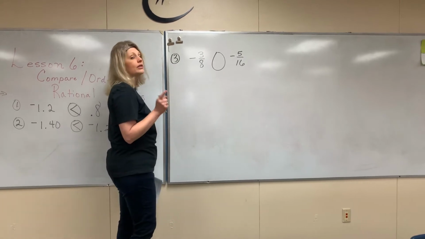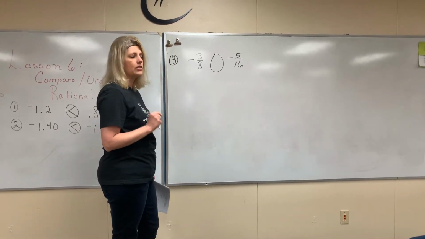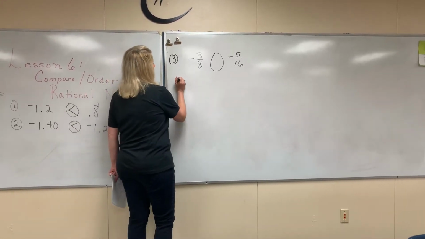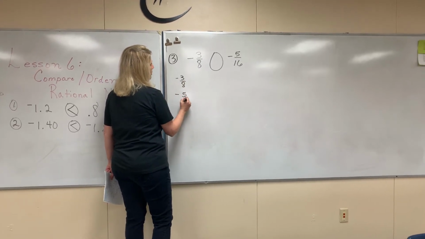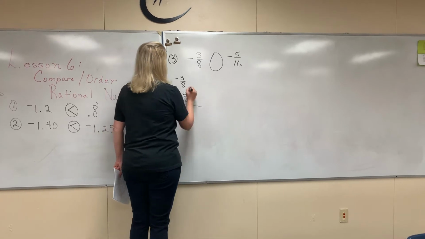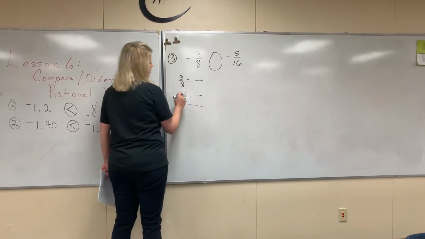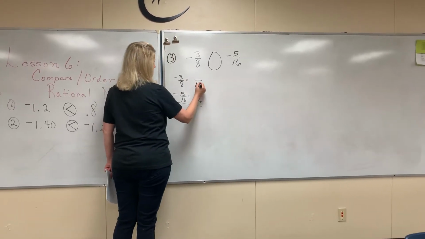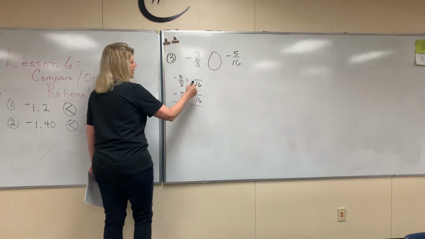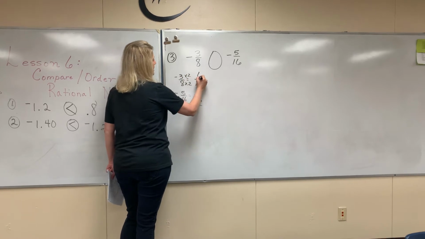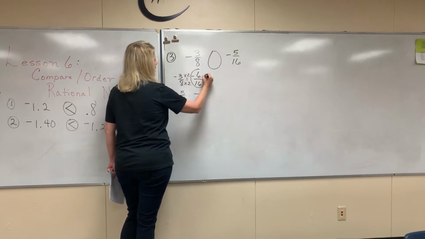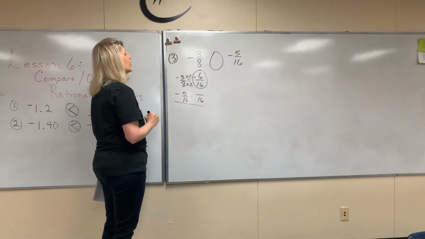So what I'm going to do is what I learned in 5th grade, and that is to get the denominators the same. So I'm going to take my 2 fractions, come over to the side like I showed you to do in 5th grade. The new denominator, of course, would be 16. All right, and 8 times what is 16? 2. 3 times 2 is 6. So you just made an equivalent fraction for negative 3/8.